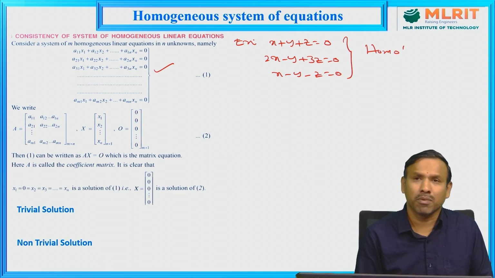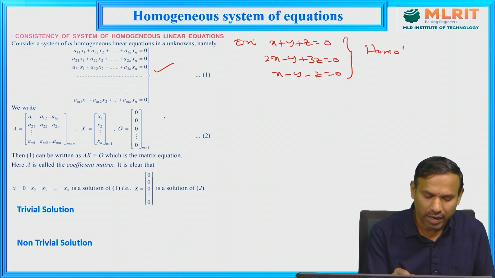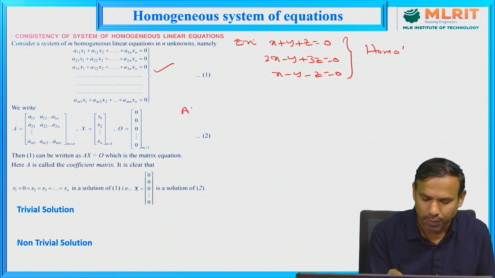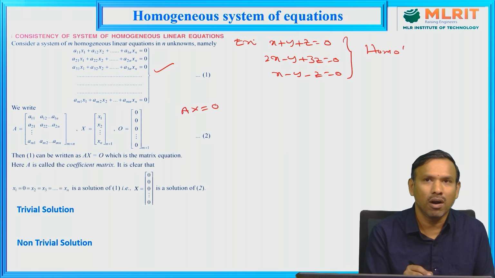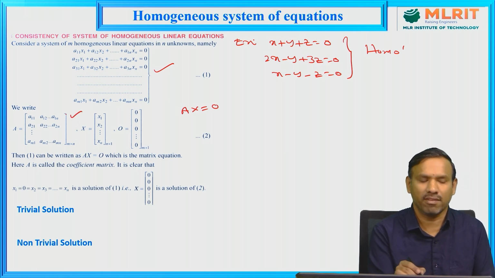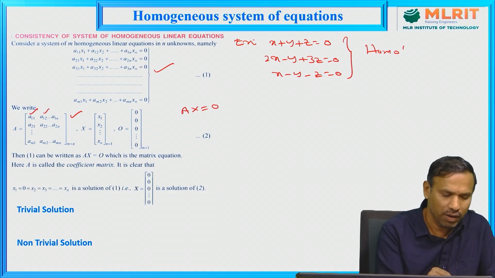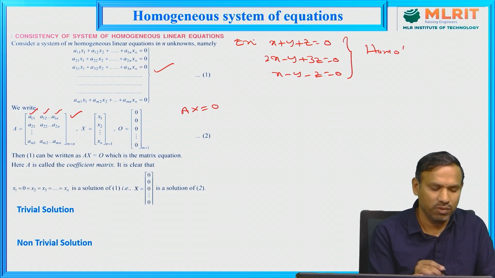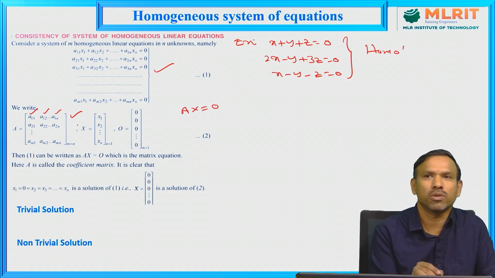To solve this type of system using the matrix rank method, we need to convert this system into matrix form called Ax is equal to 0, where A is called the coefficient matrix. The coefficients of x1, x2, so on, xn in the first equation are a11, a12, so on, a1n. Second equation, a21, a22, a23, a2n.